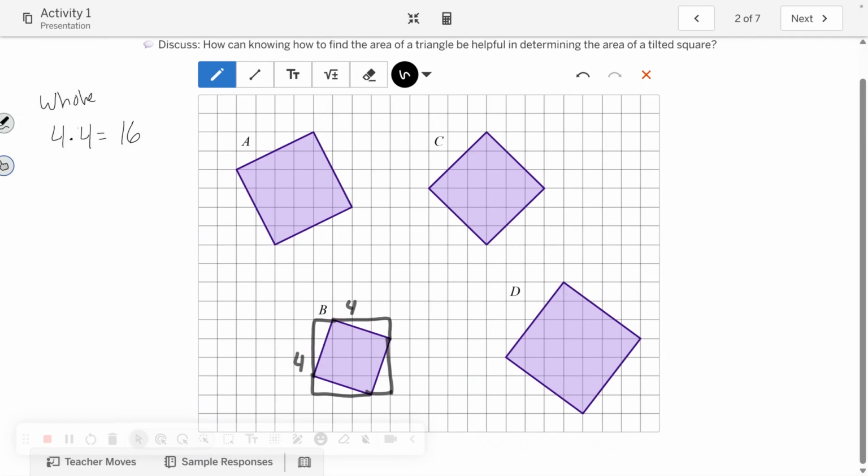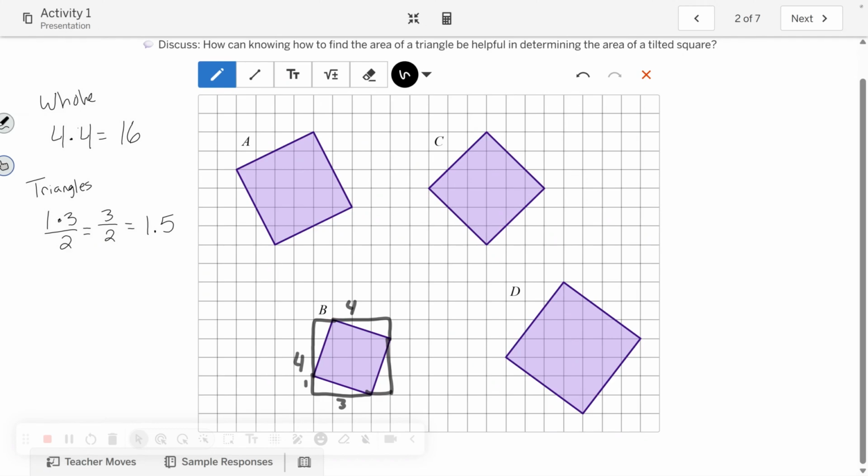Then we need to find each of the little triangles. This triangle here is a 1 by 1, 2, 3. So 1 times 3 divided by 2. 1 times 3 is 3, divided by 2 is 1.5. So each of those triangles is 1.5.